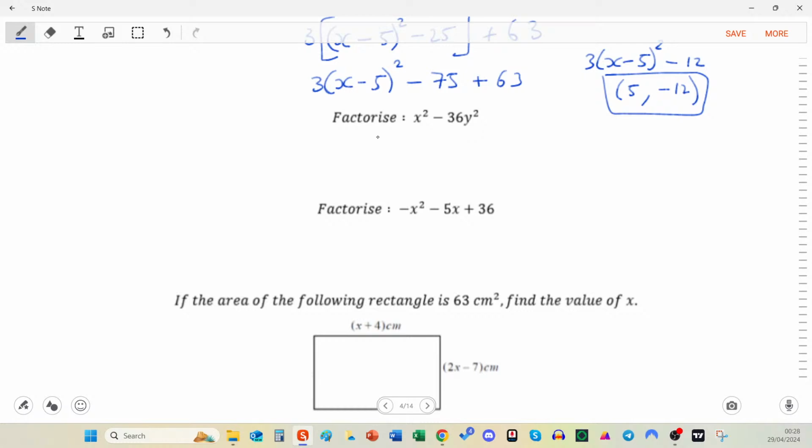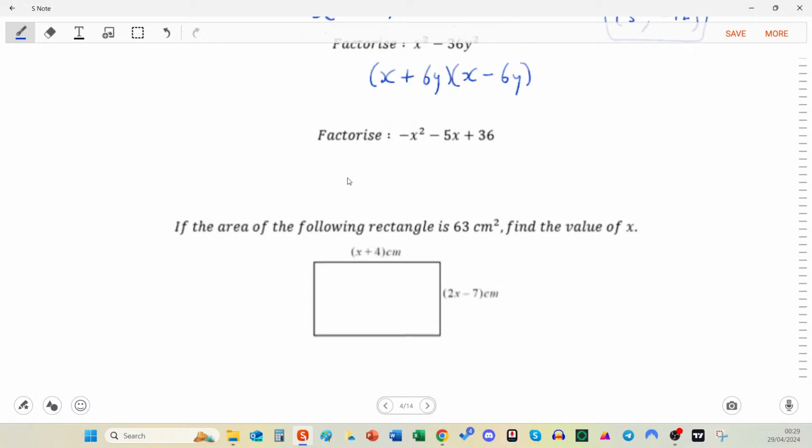The way to deal with this, notice it quickly in the exam that you've got a square number, take away a square number. Square root of x squared is x, goes in the first 2. Square root of 36y squared is 6y. One of them's plus, one of them's take away. It's definitely much quicker than the quadratic methods that you might do elsewise. So do watch out for it.